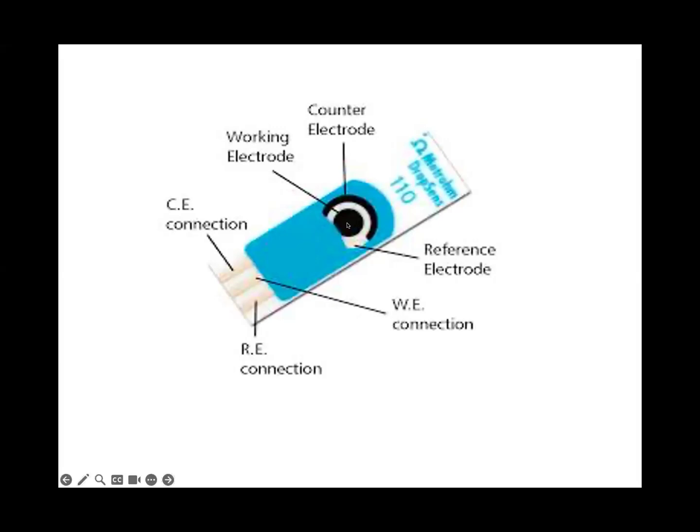All right, so you can see this is the working electrode area, and we have the counter electrode, and also the reference electrode. Usually it's an AgCl, silver chloride system, and this is where the connection happens.